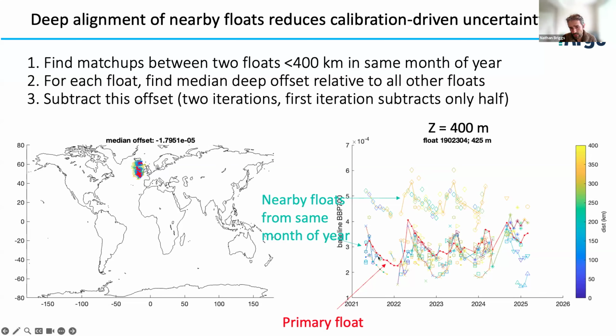On the right, we see a time series in red of backscattering at 400 meters from a particular float that took this trajectory. And then the colors around it show other floats nearby that it encountered. And you can see this one float that it encountered had a much higher backscattering. So this is very likely a calibration issue for that one float.